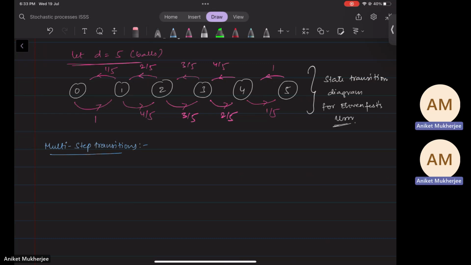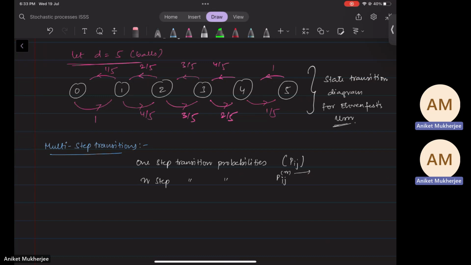Your one-step transition probabilities are your P_ij. Now let the n-step transition probabilities be P_ij^n. This n defines the number of steps.